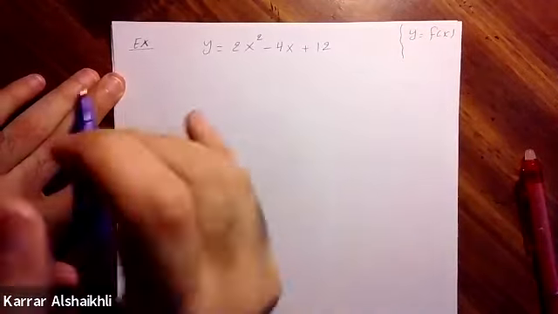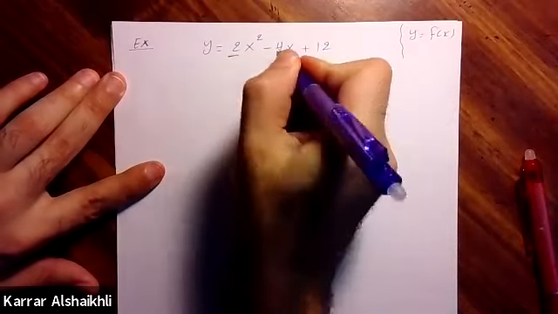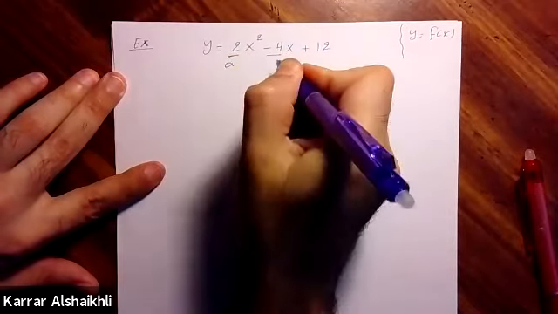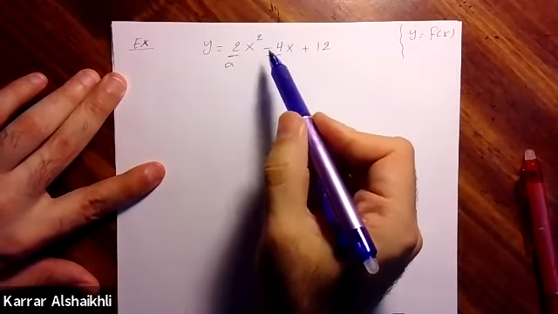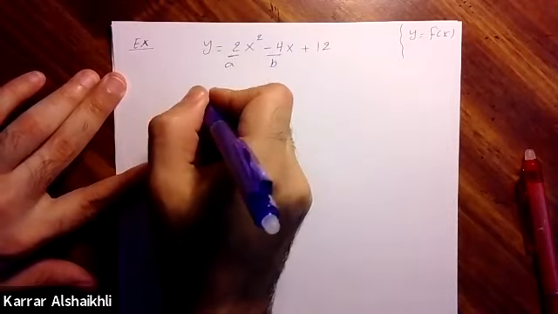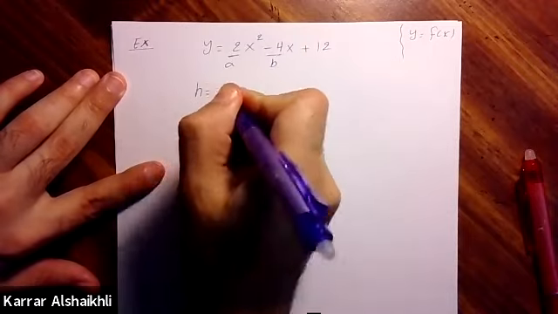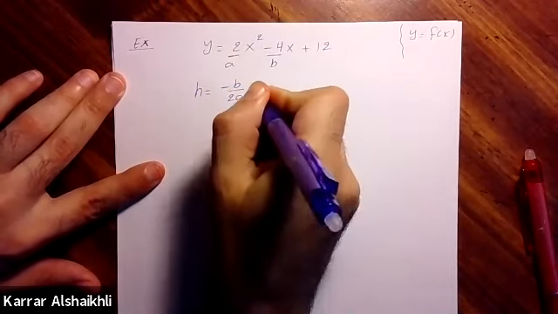So now we're going to do exactly the same process. We're going to find, this is the A and here is the B. And don't forget the B is -4. Be careful, you're going to take everything with the sign. So now, h equal negative b over 2a.